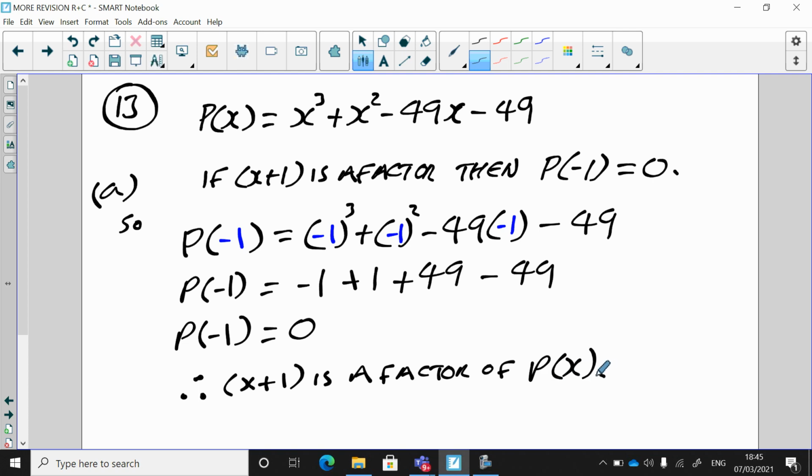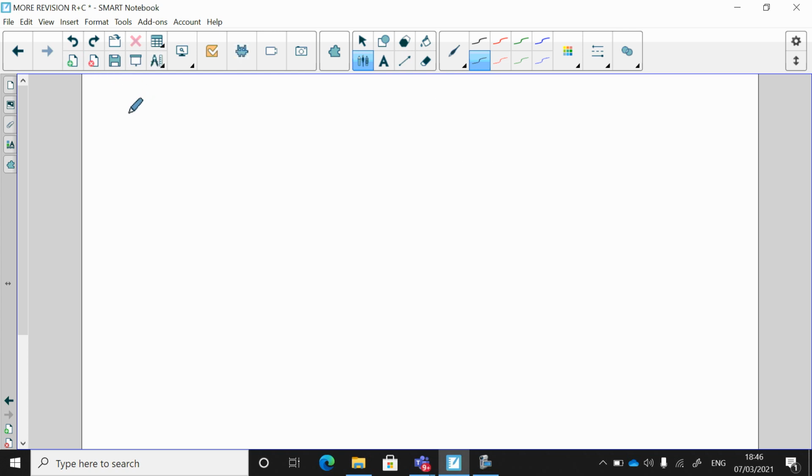There is another way we could do this, and that'll probably come in the next part here. So the next part is actually to fully factorize p of x. So p of x, I'm just going to write it down again here.